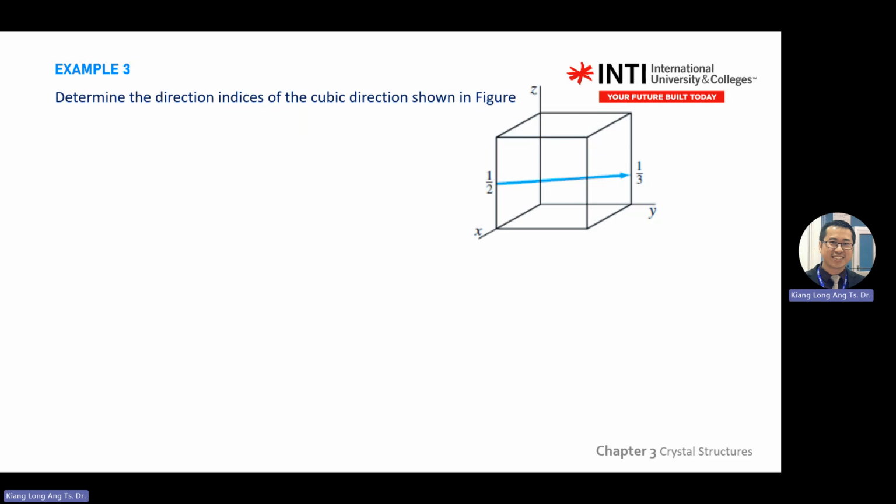How many do you move for the X? If you view from the top, how many do you move?